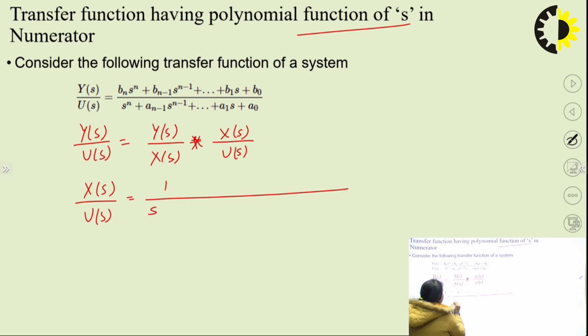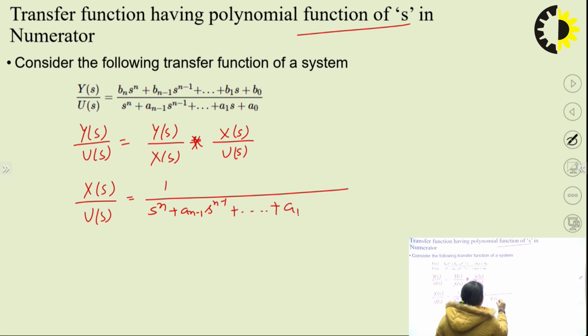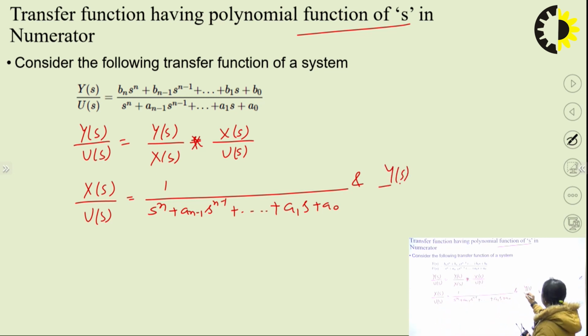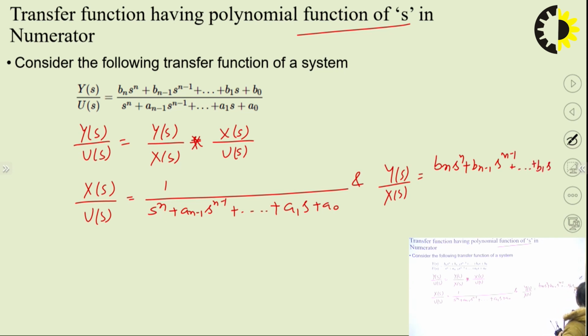So the term will be s^n plus a_(n-k1) into s^(n-k1) plus up to so on plus a1 s plus a naught, right? And here Ys upon Xs will be equal to b_n s^n plus b_(n-k1) s^(n-k1) up to so on plus b1 s plus b naught. So I am taking one at a time. First I am solving this, then I'll go for that.